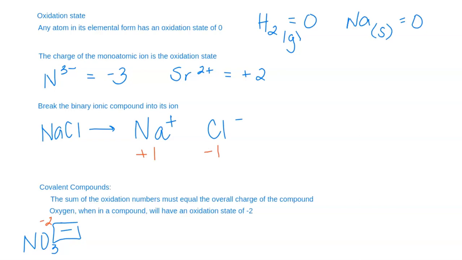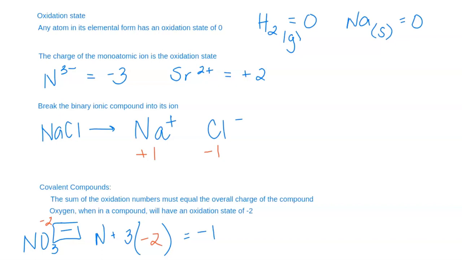So we need our nitrogen plus our 3 oxygens, each oxygen having a -2 oxidation number, to equal a -1. Again, we're looking for nitrogen plus our 3 oxygens, each having a -2 oxidation state.